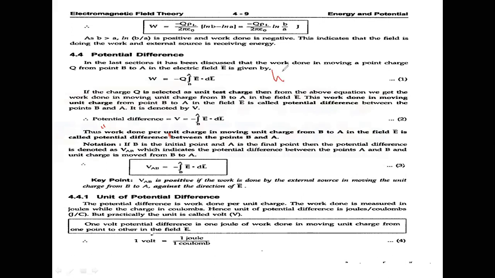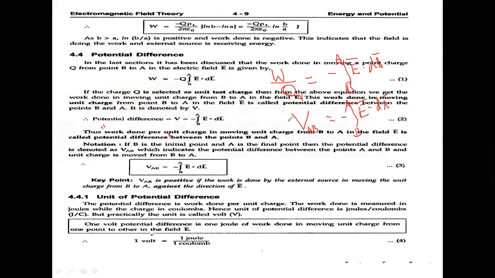So work done per unit charge is equal to the integral B to A of E bar dot dL bar. Work done per unit charge is nothing but the potential difference. The potential difference V AB, because it starts from B and then goes to A, is equal to minus the integral B to A of E bar dot dL bar.